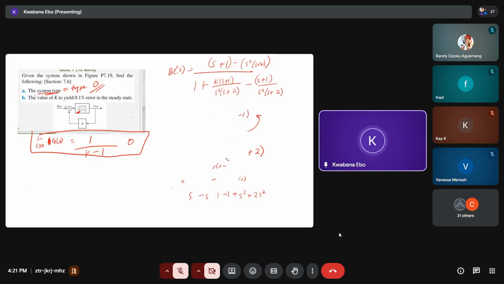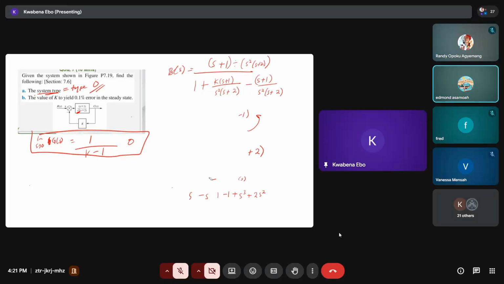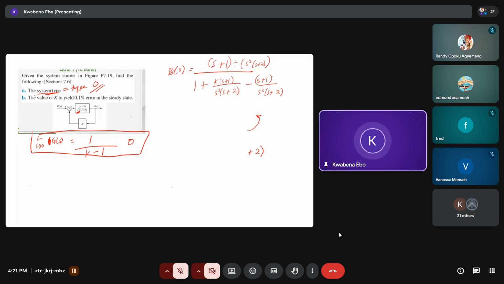Please, with finding the type, when you get a finite value, that's the type, or is there any other way to find it? There are other ways. The book talks about integrations, which you can use, but I feel it's a longer and more stressful way.